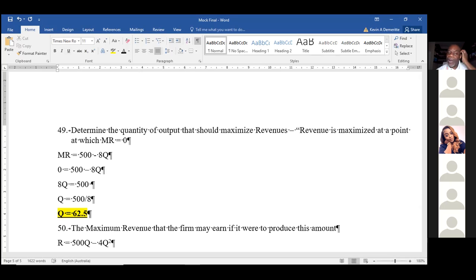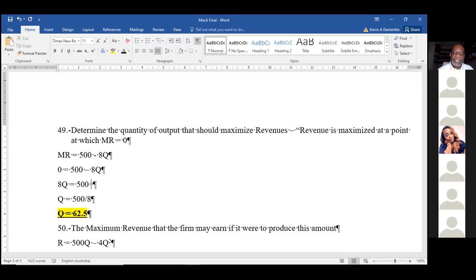Well, since we know output should be a positive value, we would take the negative 8Q and move it over, and take the 0 and put it on the other side, and that would become minus 0, but whether it's positive or negative, 0 is still 0. So anyway, 8Q equals 500 minus 0. We move the 8Q over to the left-hand side to make it positive, and we move the 0 to the right-hand side to make it negative.